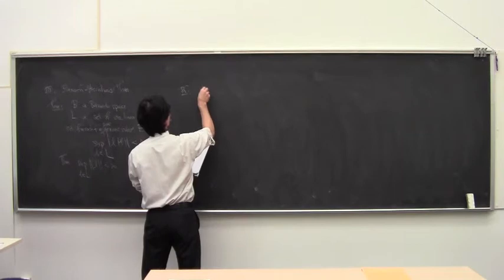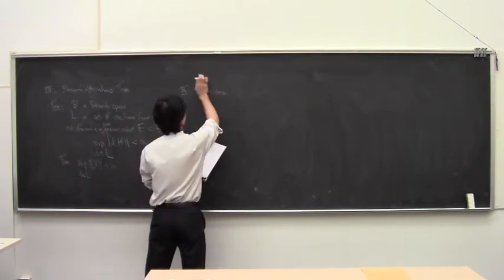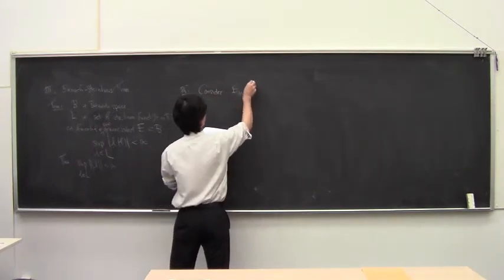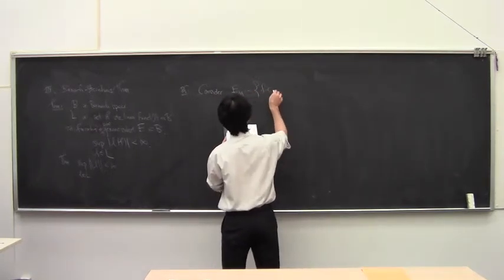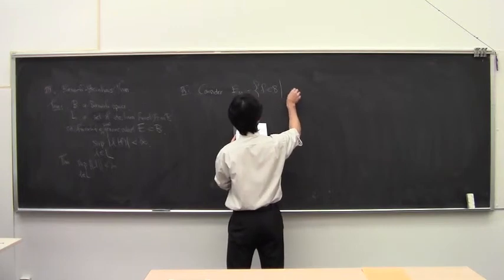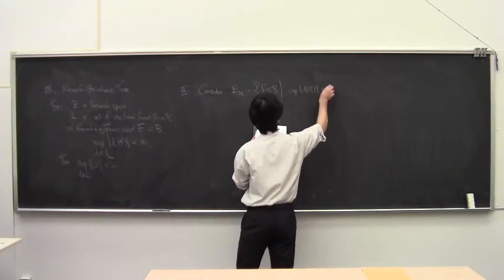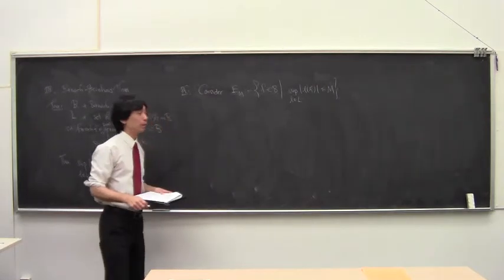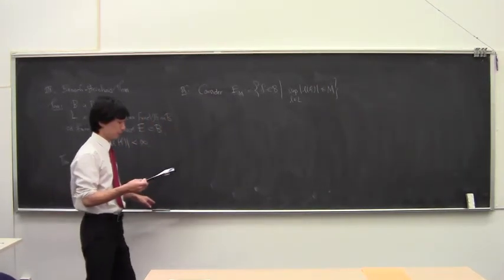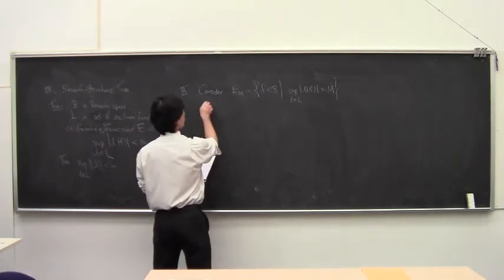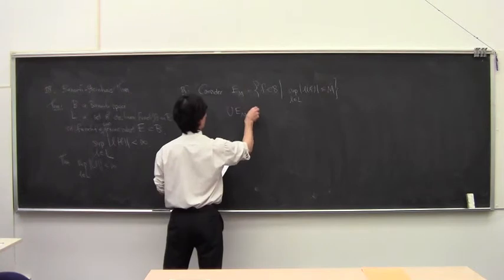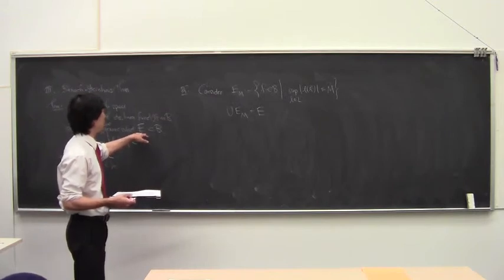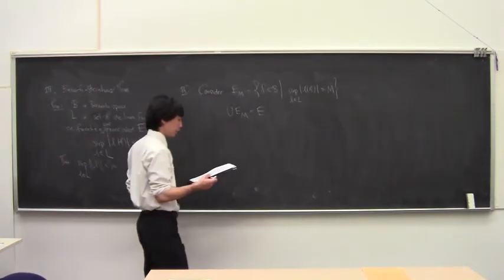So let's consider the set E sub n being the functions in B such that the supremum of |L(f)| is smaller than n over all elements of L. Well, as usual, we see that the union of these guys is going to give us all of E.